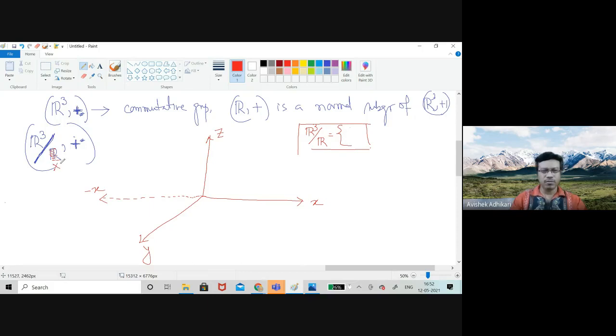I think it would be easier. Instead of R, I am quotienting with respect to the xy plane. Can you tell me geometrically what the xy plane is?